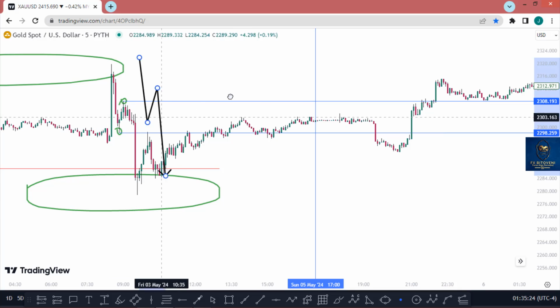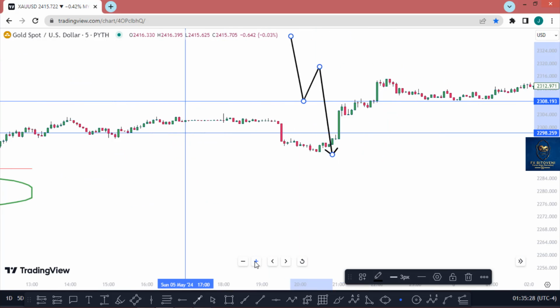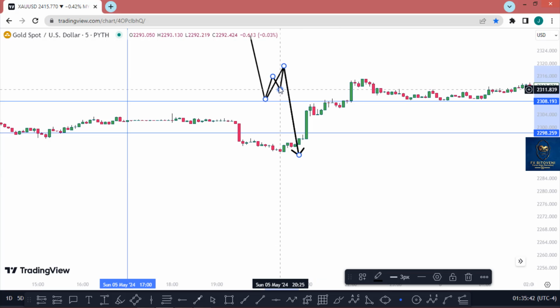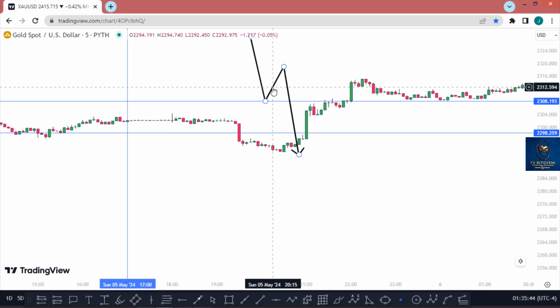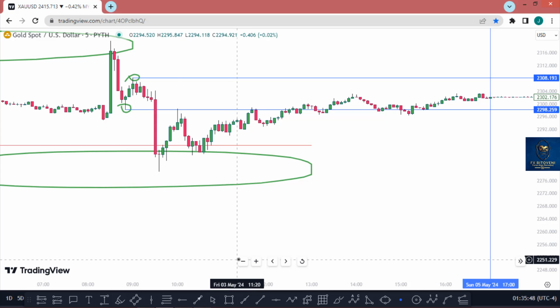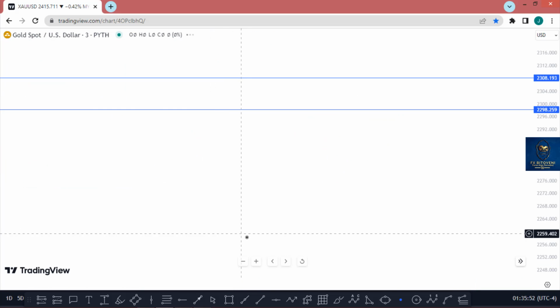Then inside this distribution, we need to find another small reaccumulation that was formed here when the price was going higher. This small area is what we need. So we need to change to another time frame. Let me see if I can find one on 3 minutes or 1 minute, if the chart agrees.